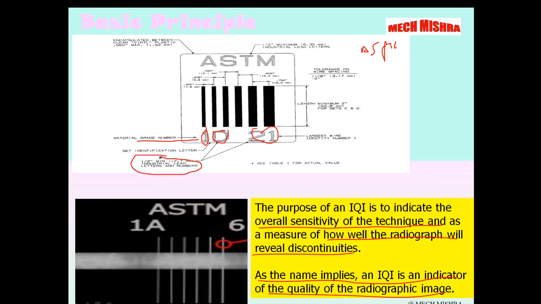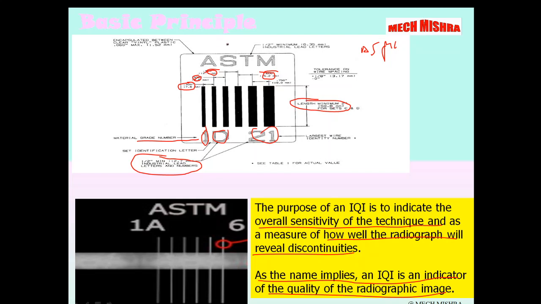For each letter the size is already specified, we need to follow that code, not blindly put this. The diameter and the spacing of each wire is also specified by ASME Section 5, and that always needs to be followed. The minimum length is 2 inches, which also needs to be followed.